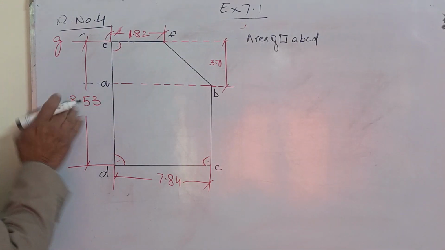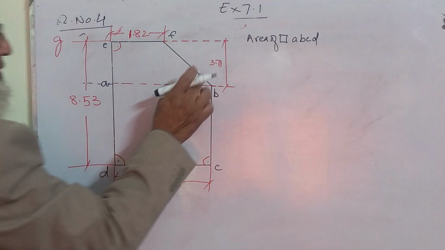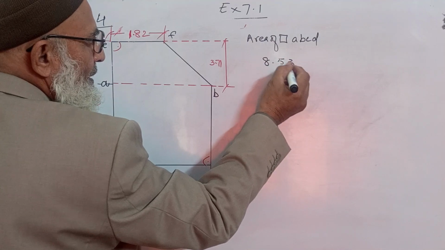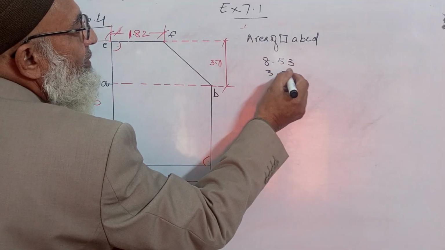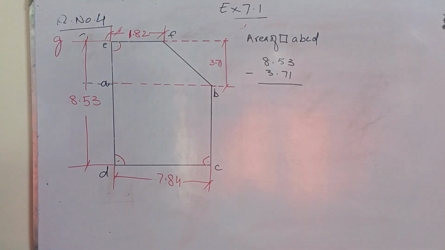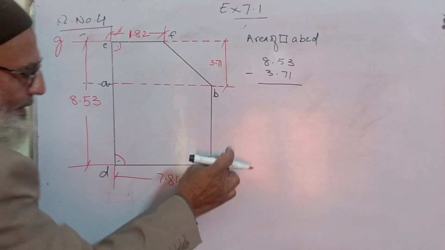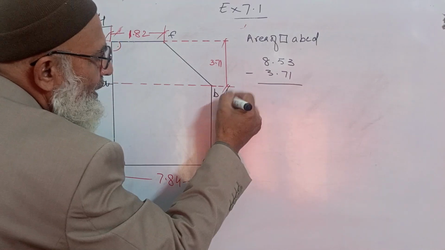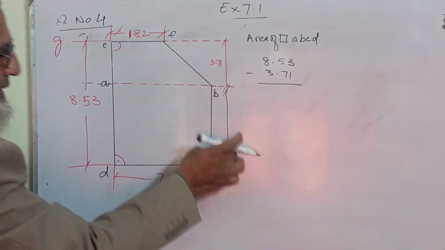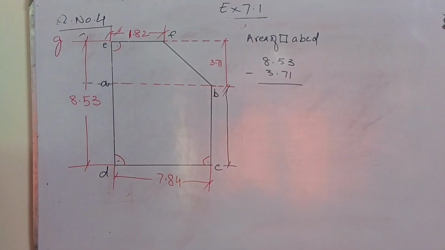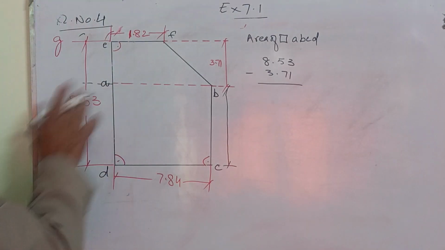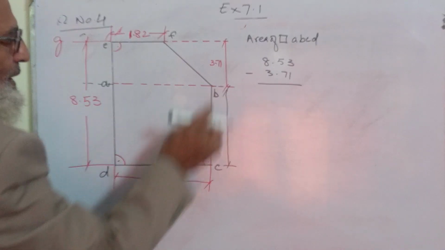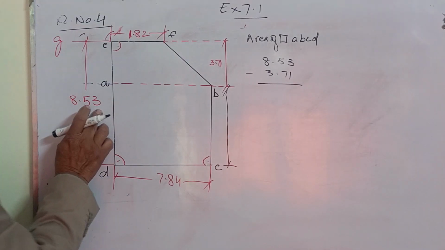We'll just subtract: 8.53 minus 3.71, you'll get this length, because both are equal. 3.71 plus CB is equal to 8.53.